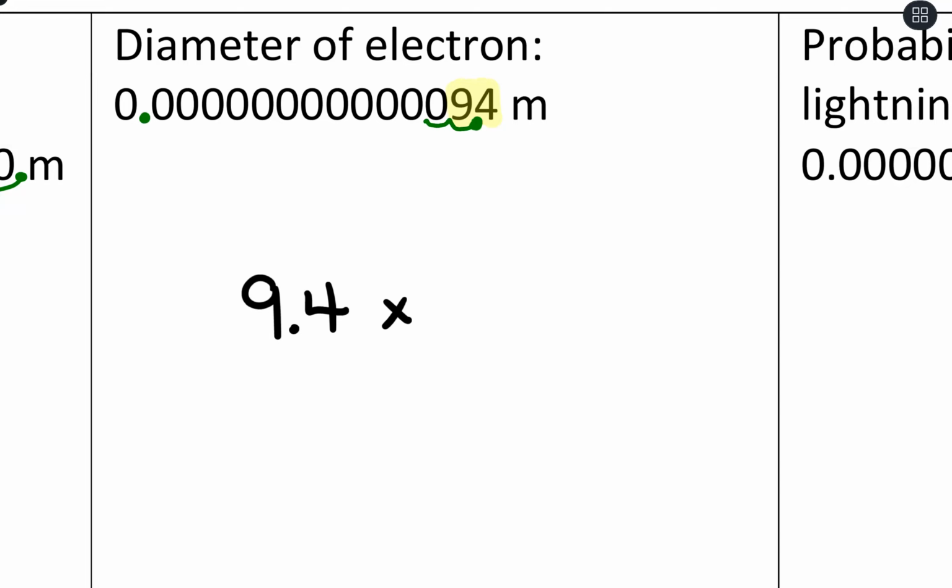So I'm going to go 1, 2, 3, 4, 5, 6, 7, 8, 9, 10, 11, 12, 13. And with this, I'm making the value smaller by moving to the left. This is going to be a negative 13.